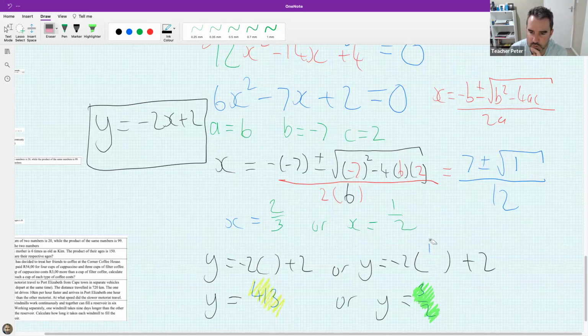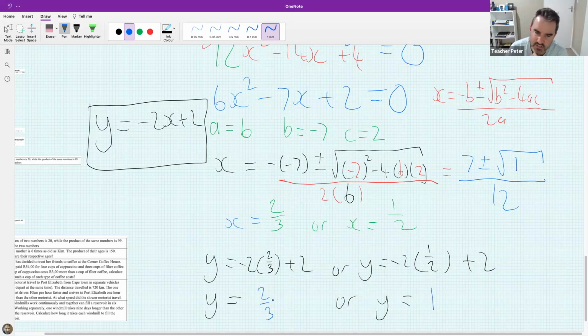Thank you so much for spotting that. And then let's just make the correction here. If that is 2/3 and that is a half, then minus 4 over 3 plus 2 should be 2/3 as well. And then minus 2 times a half is minus 1 plus 2 is 1.